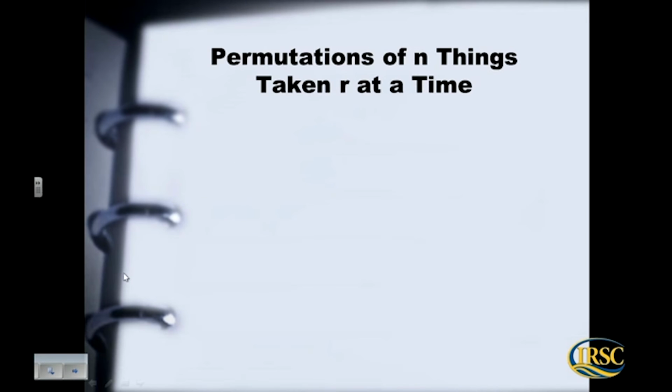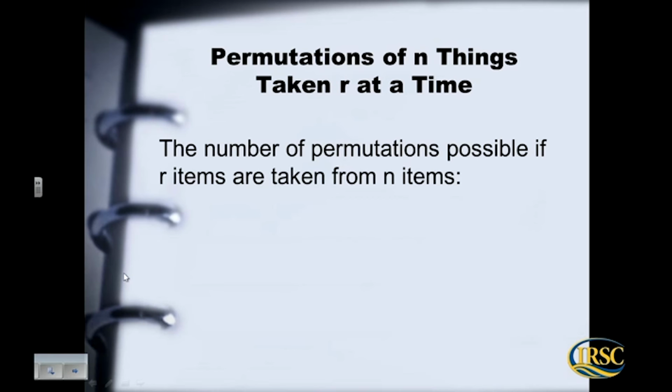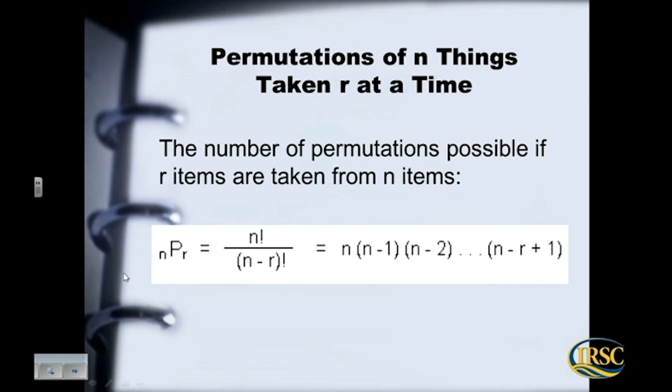For all the permutations that you have, you can use the fill-in-the-blank method that we did, but there's also a formula that gives you a shortcut. We call them permutations. Again, they're arrangements where order makes a difference. If you're taking r items from a group of n items, then you can write it like this. I don't want you to focus on the long thing on the right.